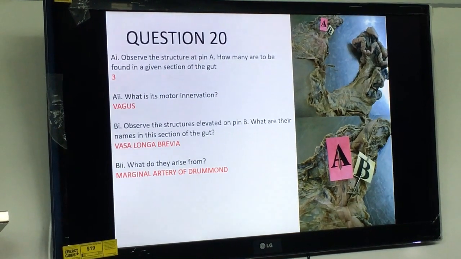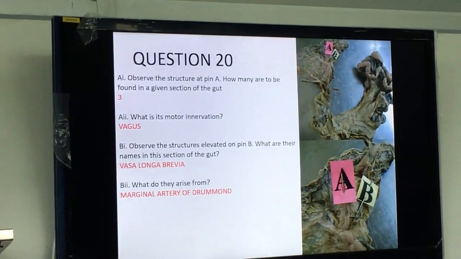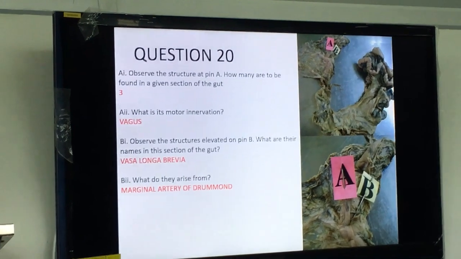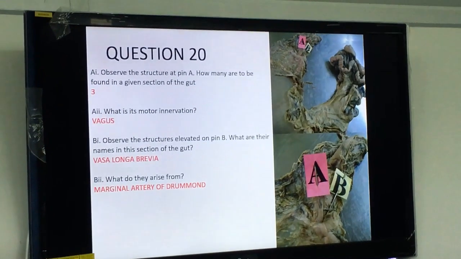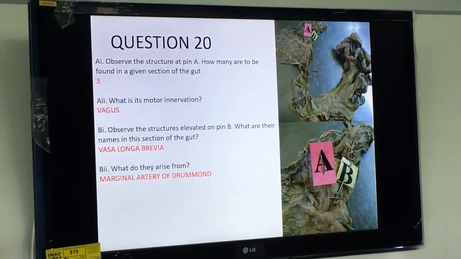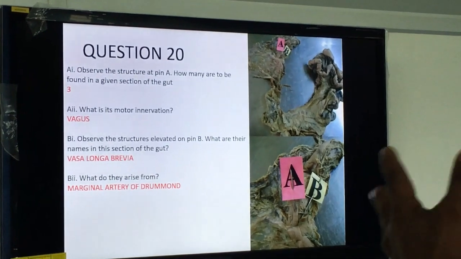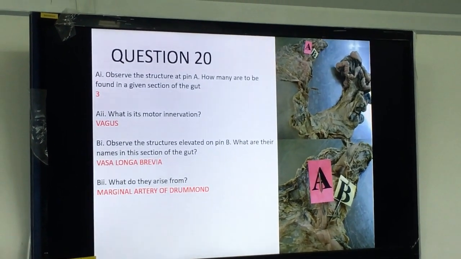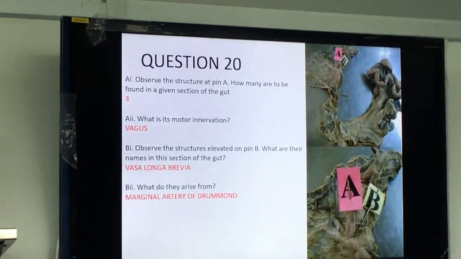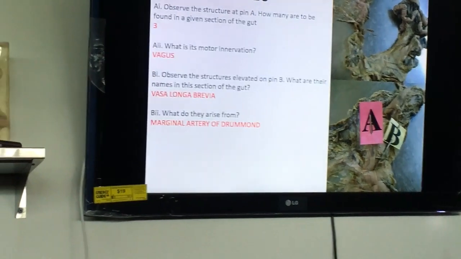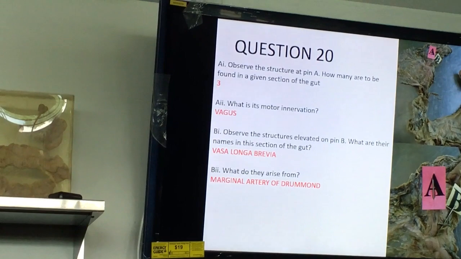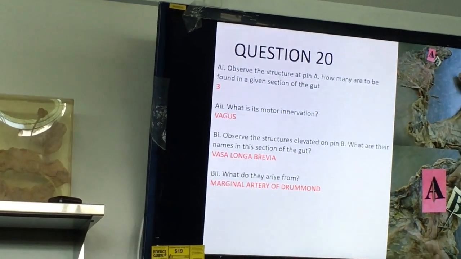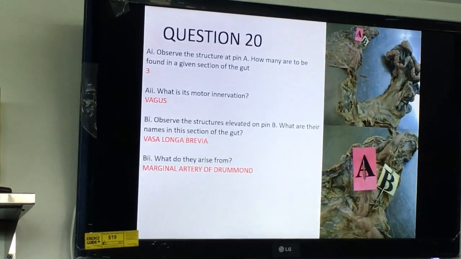Same thing with the arteries: left gastric, right gastric, hepatopancreatic, and all of those. Once they pierce the musculature, they break up into a plexus in the submucosa, and then little arterioles leave the plexus and supply the mucosa. There are surgical and medical implications of all of these plexuses, so we'll talk about that.